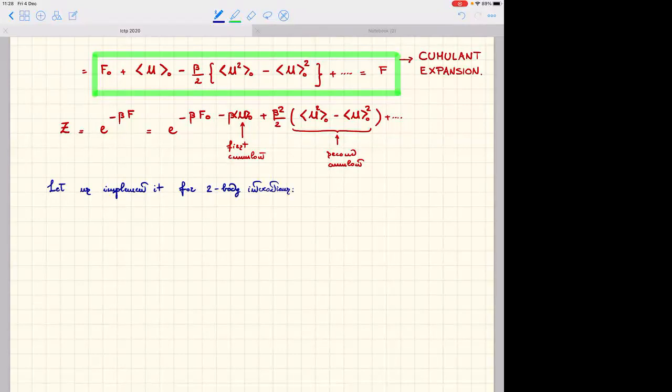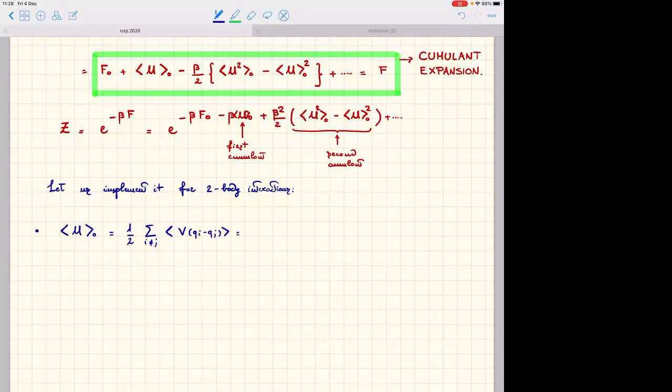All right, so now for two-body interactions, let us compute the first cumulant, the average of U. Well, this is by definition the sum over i not equal to j, average of V(qi minus qj).